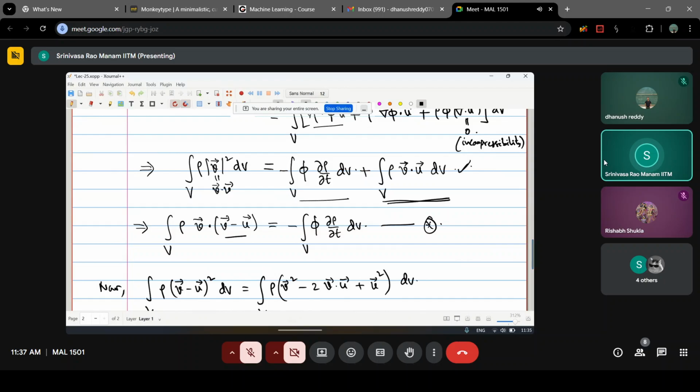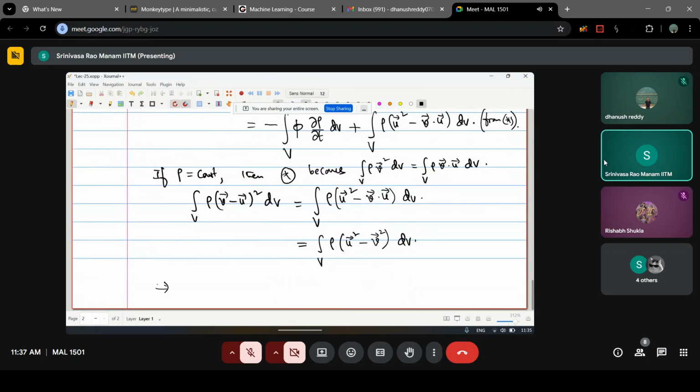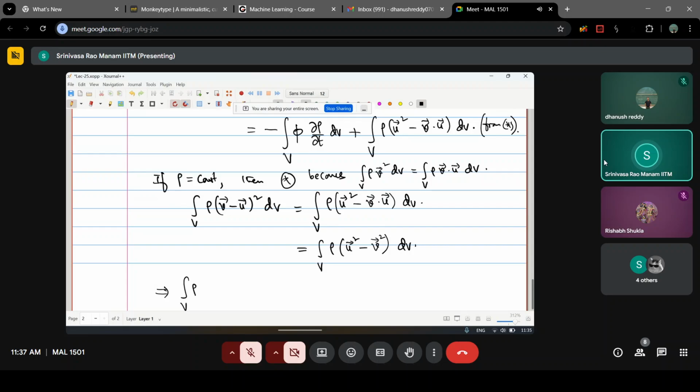So finally, I'm writing here, from this, I'm concluding. This implies integral over V rho times... this is what you have already done. So what is it that you get here?